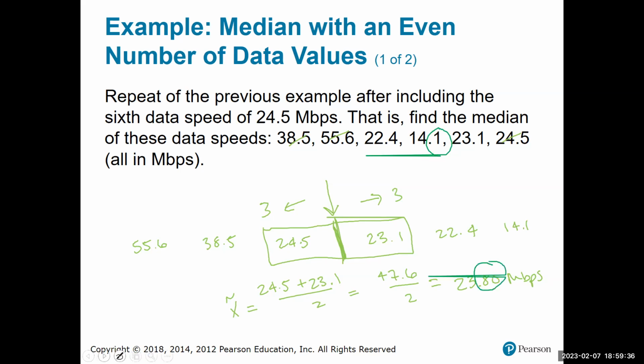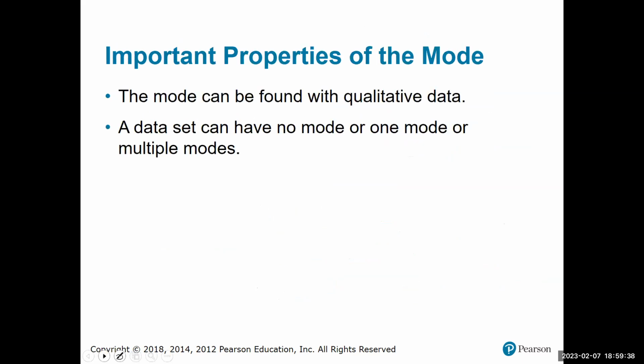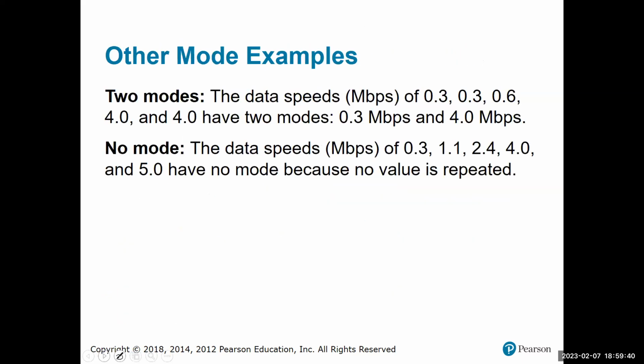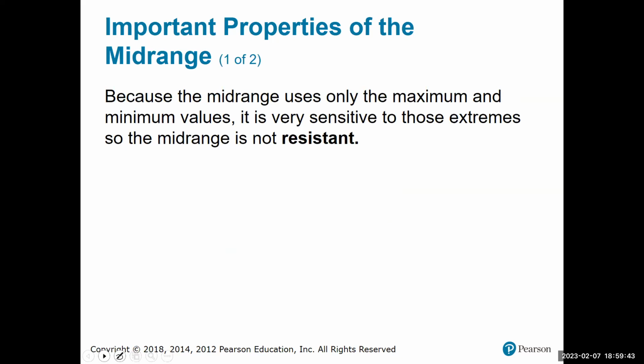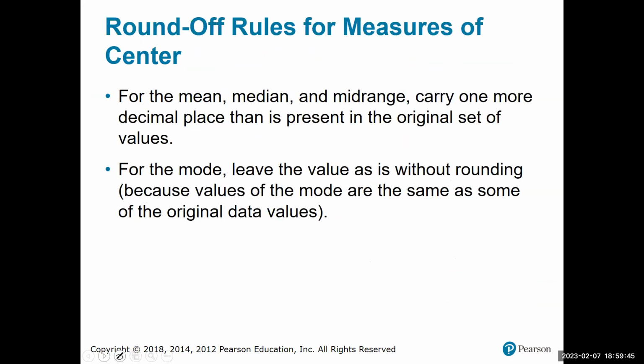For the mode, it's not necessary. You don't round it, you just leave it as is, because the values of the mode are the same as some of the original data values. So no need to round for the mode, but the mean, the median, and the mid-range get one more decimal place than the original data.